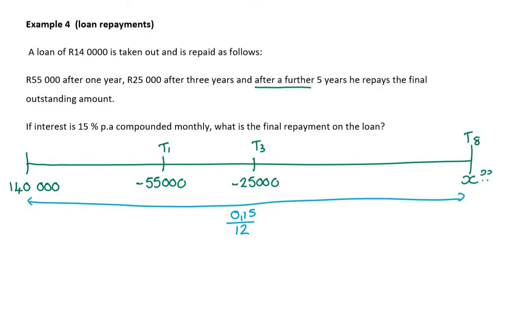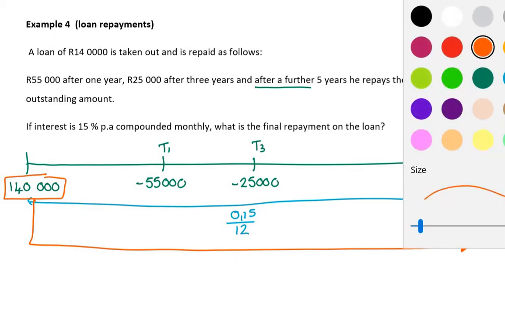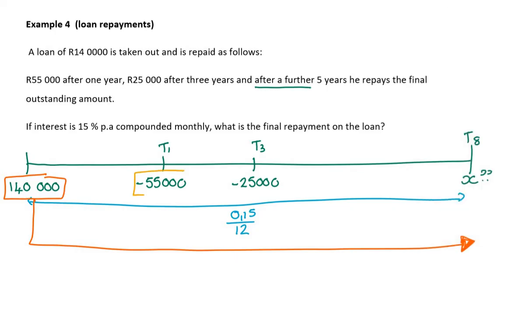Can we find the final repayment of the loan? Well, if he makes the final outstanding amount, that means he must have paid it off. So my kind of plan of action would be, let's take my 140,000 Rand. Let's find out what that loan would have been worth all the way at the end. Then let's take my 55,000 Rand payment, find out what it's worth at the end.